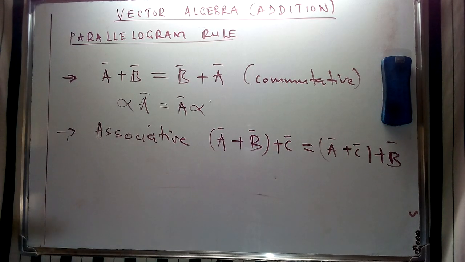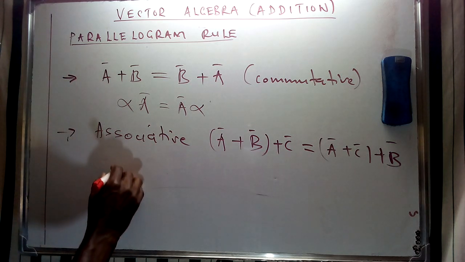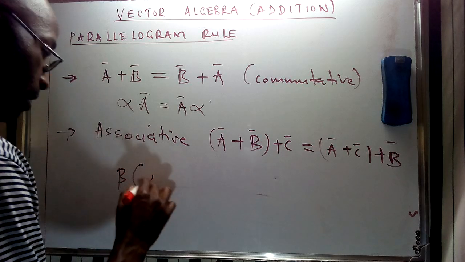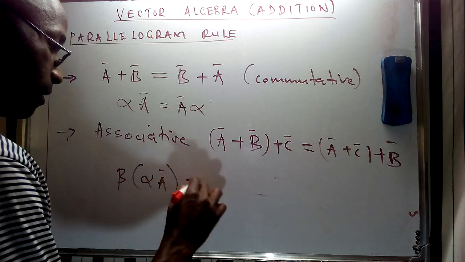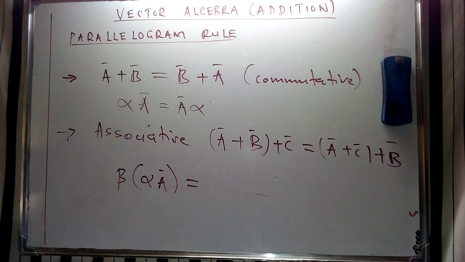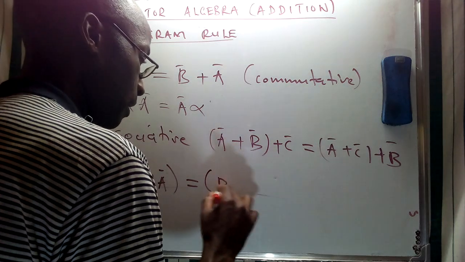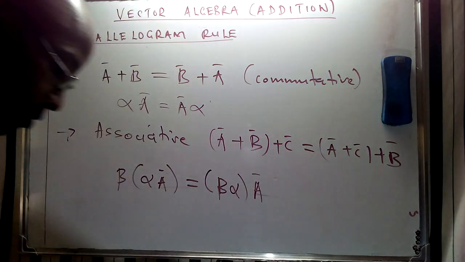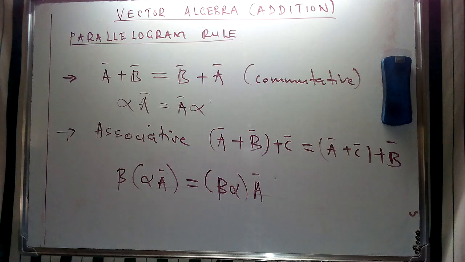And for the associative law for multiplication, if we have a scalar beta being multiplied by alpha A, this can be illustrated as beta alpha, and then this is multiplied using that specific scalar. So this is described as the associative law.